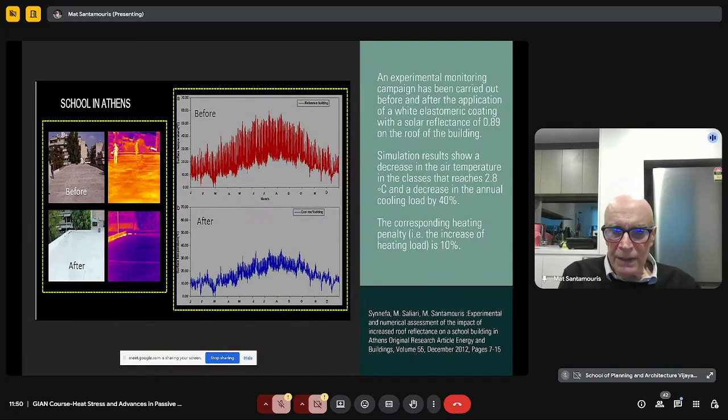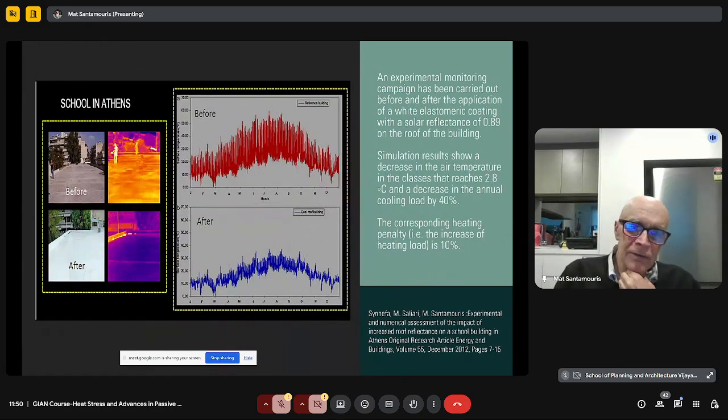When we measure the associated cooling demand and cooling benefits because of the installation of cool roofs, what we found is that the installation of the cool roof in the school decreased the indoor peak temperature during the summer by up to 2.8 degrees, extremely important, and also the cooling needs of the building by 40%.